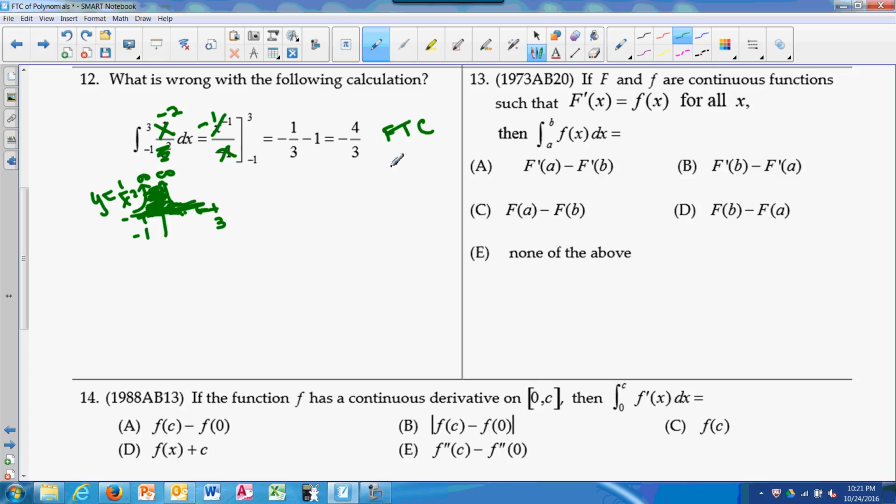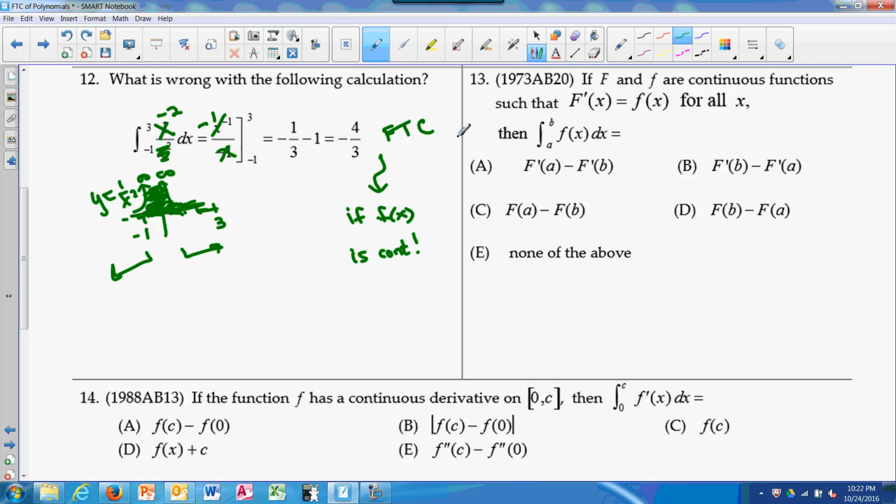So the fundamental theorem of calculus only applies if the function is continuous. So we can't use this method to integrate 1 over x squared unless we stick to values greater than 0 only, or values less than 0 only. Can't go across the asymptote.